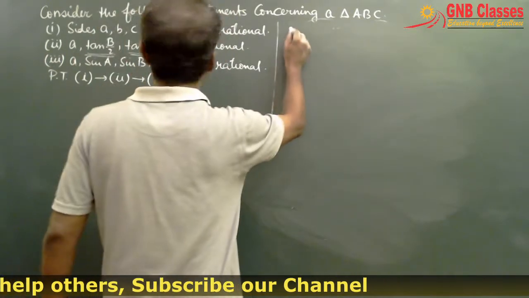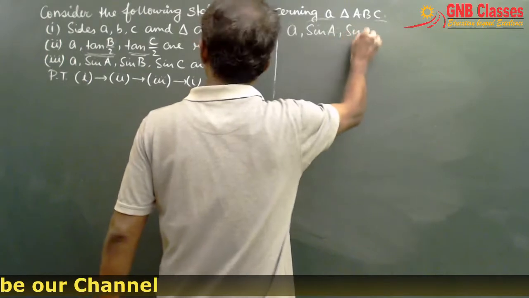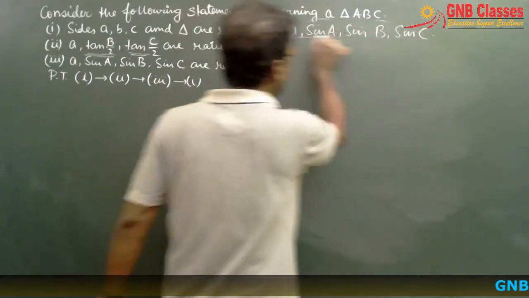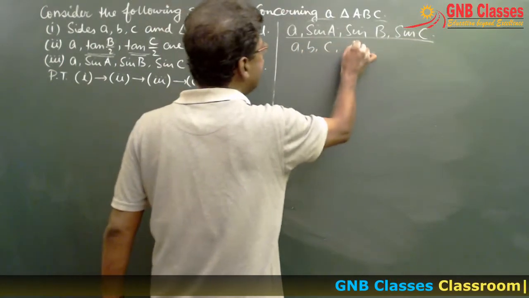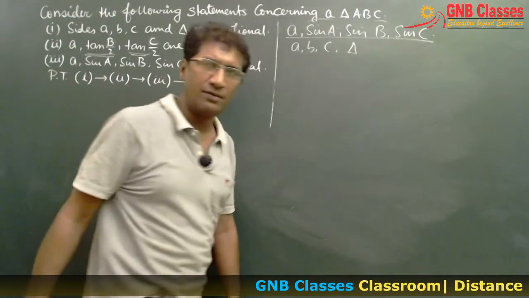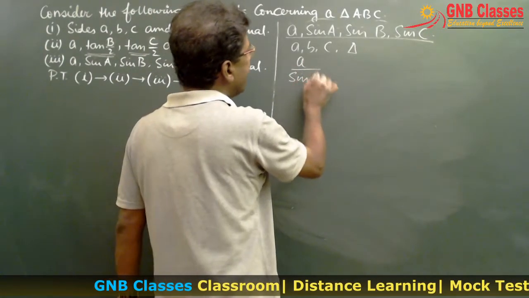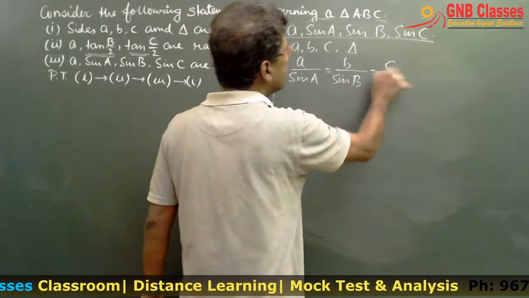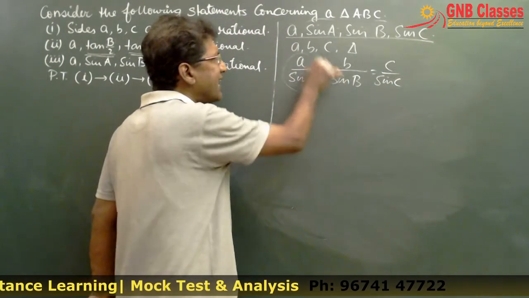3 implies 1. What is 3? It says sine A, sine B, sine C are rational. Now we have to prove that a, b, c and del are also rational. Is it clear? Now we know that a by sine A equals b by sine B equals c by sine C. Tell me yes or no. Now a by sine A is rational.